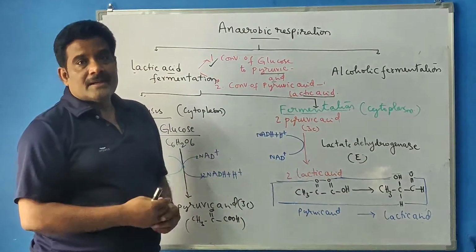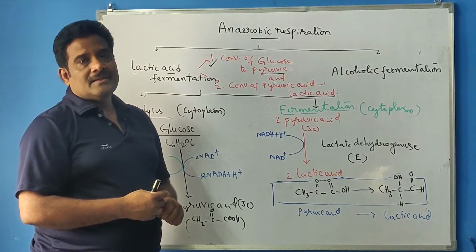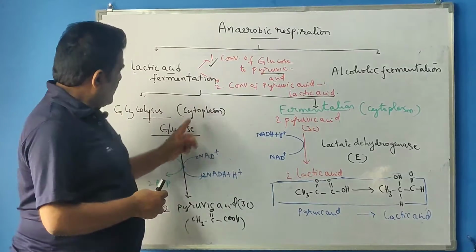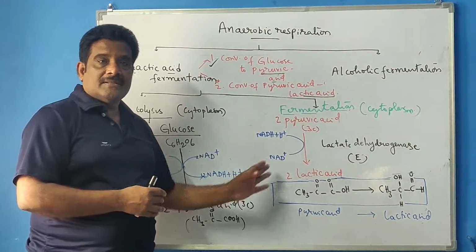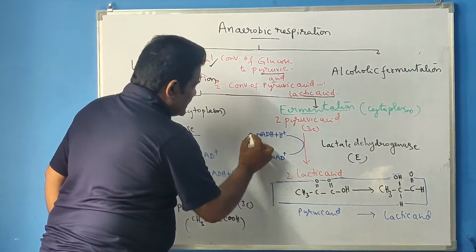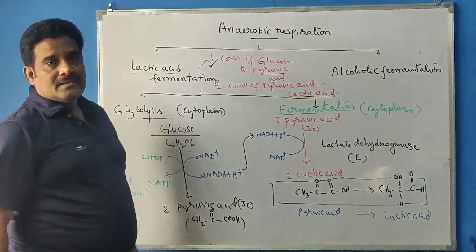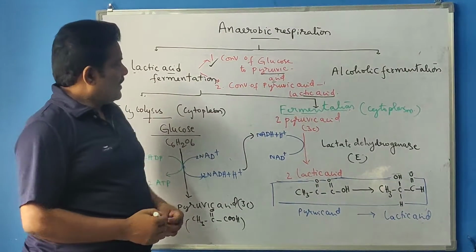How does this process of reduction happen here? One point you have to remember: already in glycolysis, NADH plus H plus molecules are formed. Those are transferred to this fermentation process, which happens in the cytoplasm.